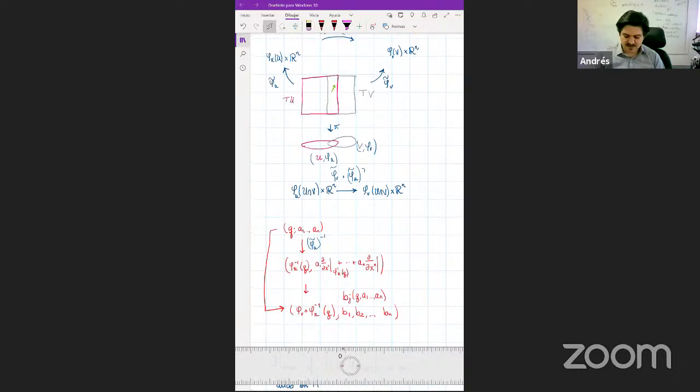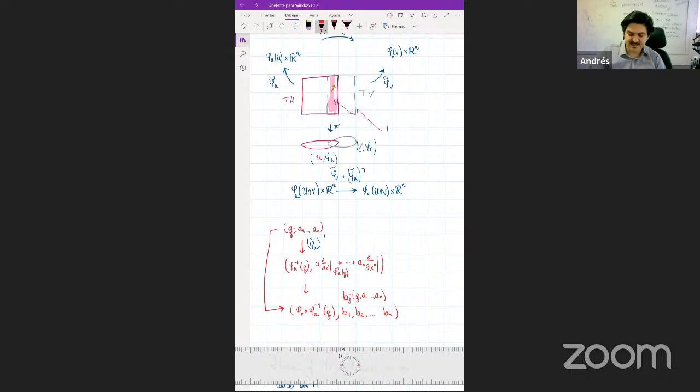Okay, so in this way, I have that these two charts that intersect in TM are compatible. They intersect here.